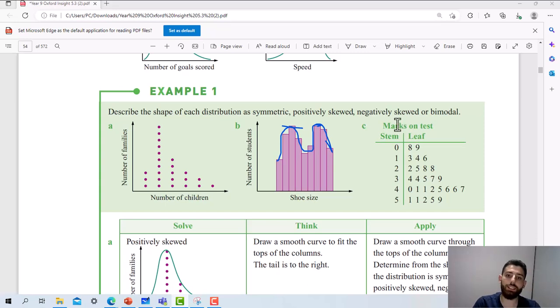As I discussed in the first part, the teacher uses the distribution of marks to figure out whether the exam is hard for the students. So if the graph is symmetrical, that means most of the students did well, did alright. But if the distribution is mostly to the left, that means most of the students did poorly in the exam.